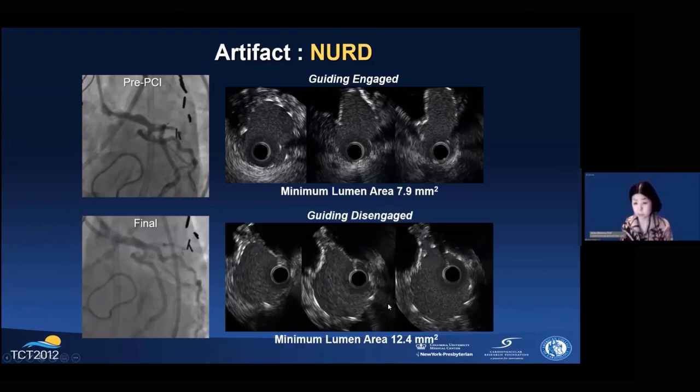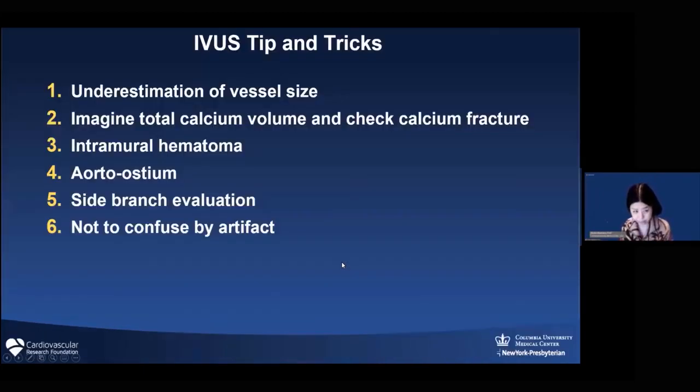And then we got this picture. And compared to this picture, you understand how this is a smoother picture. And actually the stent area is very different. And this is the real number. So if you have a distorted picture, even not a very clear NURD, you have to recognize that may not be a correct measurement. So disengaging the guide and then checking the ostium is very important.